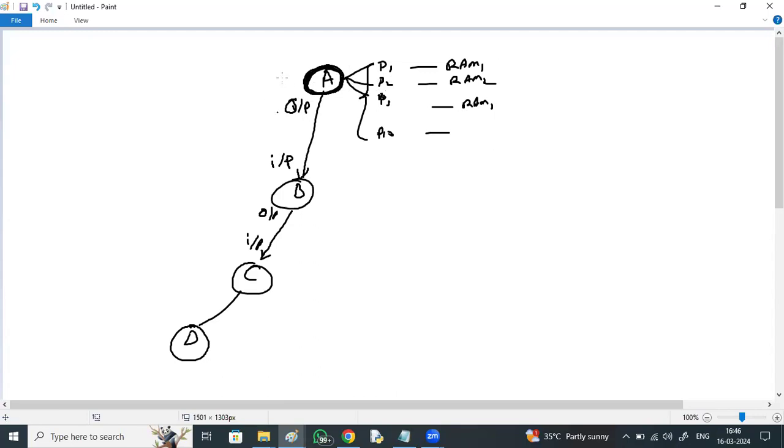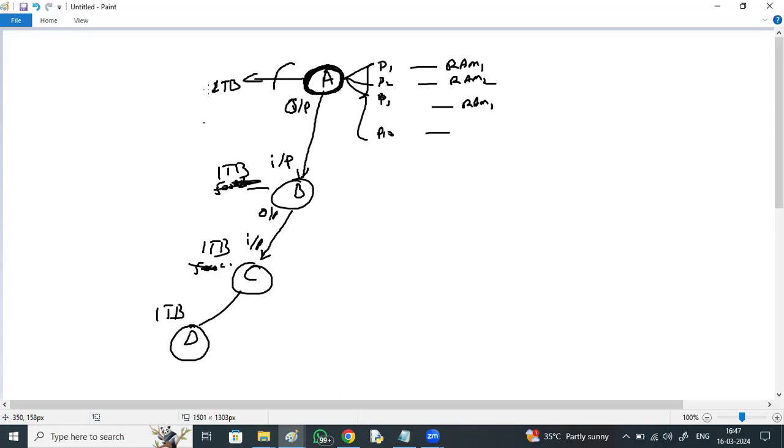But observe here: suppose this is 1 TB, this is 500 GB, or this is also 1 TB.